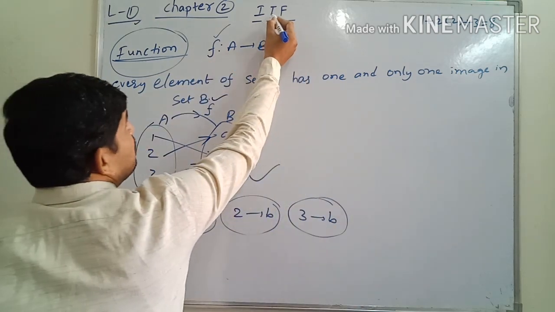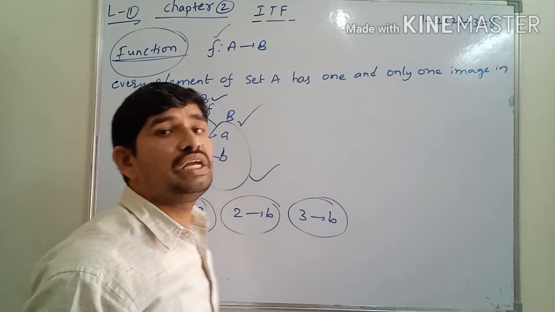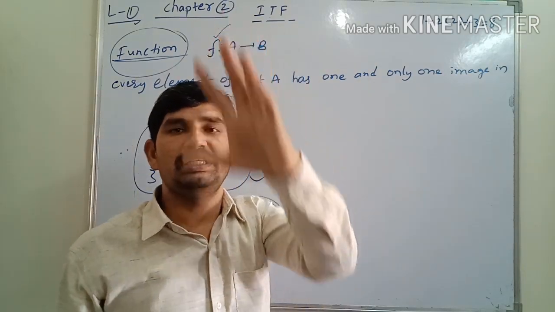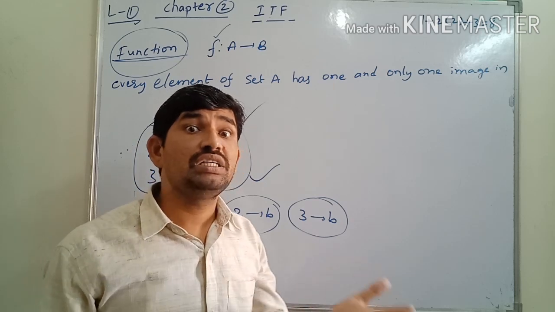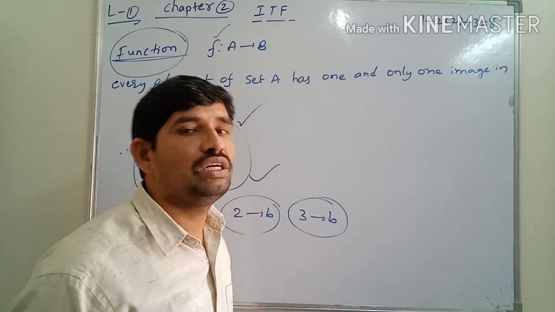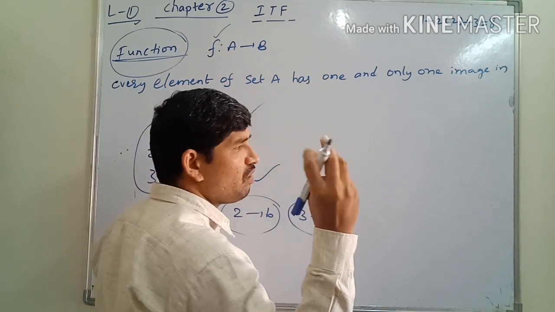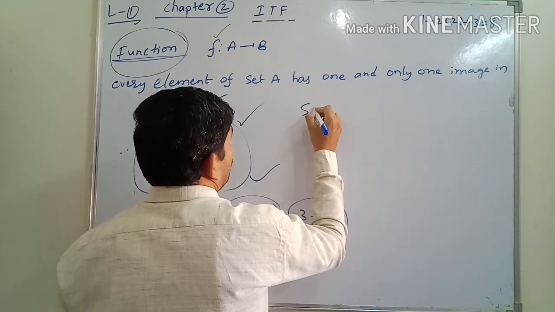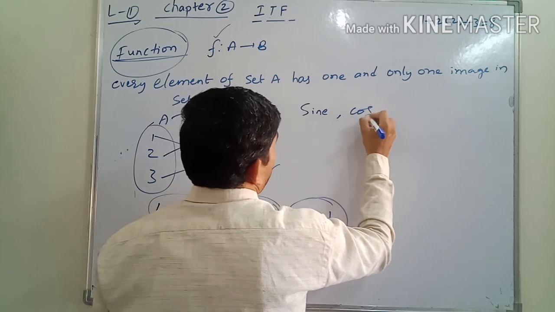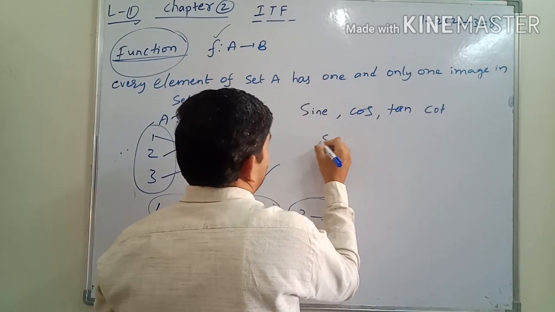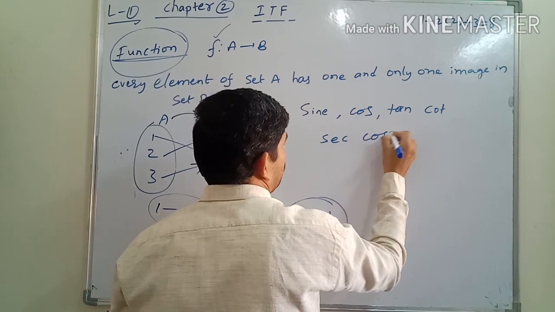Next we will take T, which is trigonometric, so TF, trigonometric functions. We know the trigonometric ratios chapter has the trigonometric ratios. The 6 trigonometric functions are sine, cos, tan, cot, sec, cosec.